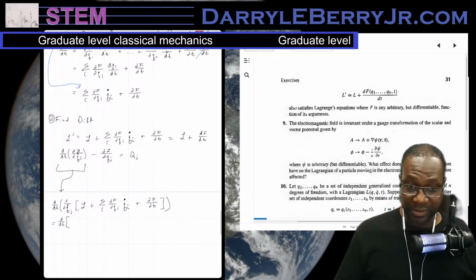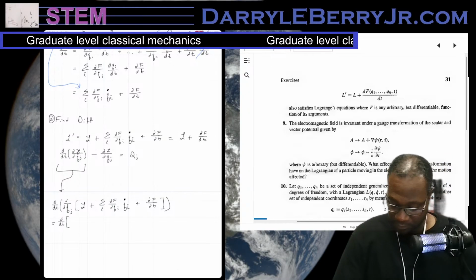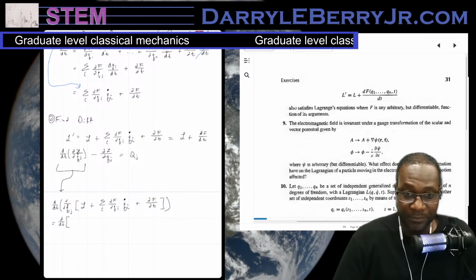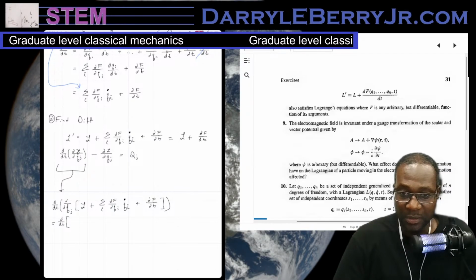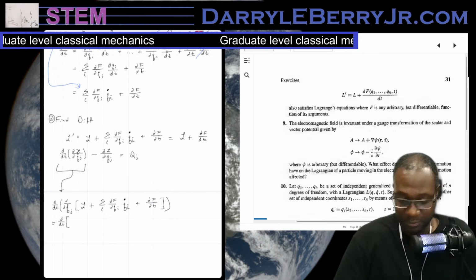And now we're going to plug this into the Euler-Lagrange formula. But it seems to be some detail that's unclear here. We have partial L prime.